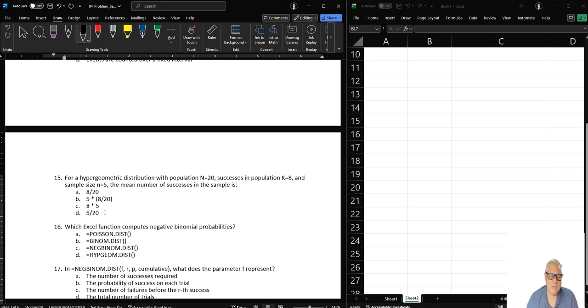But whenever you have a problem like this and you don't know the formula, we can just simulate it. Okay, so what do we have here? For a hypergeometric distribution with population N equals 20, successes in the population are 8 and the sample size is 5. The mean number of successes in the sample is.